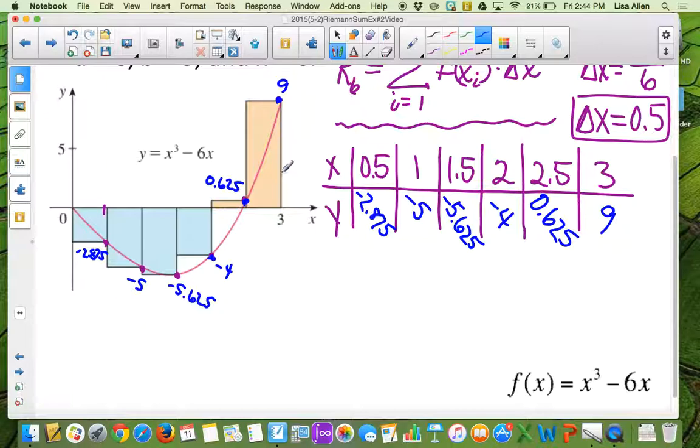Then to get the summation, I have enough room down here. Let me just correct that. I'm going to say R6, just to carry all the notation with me.